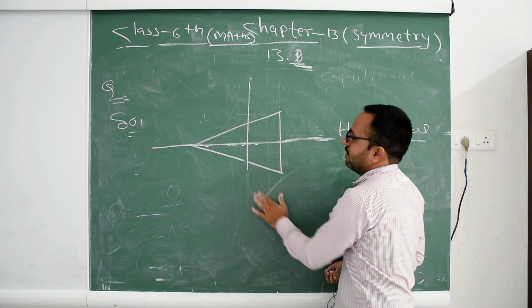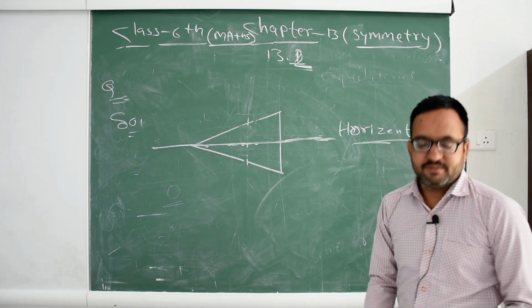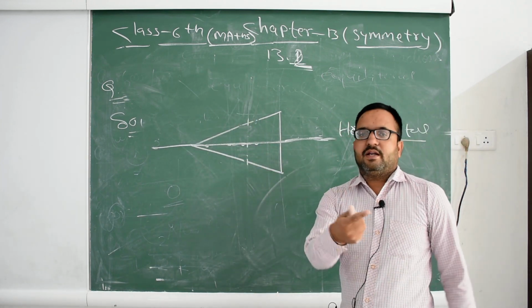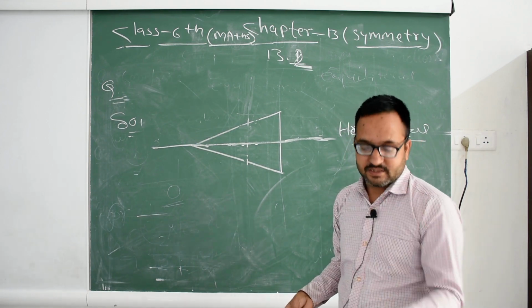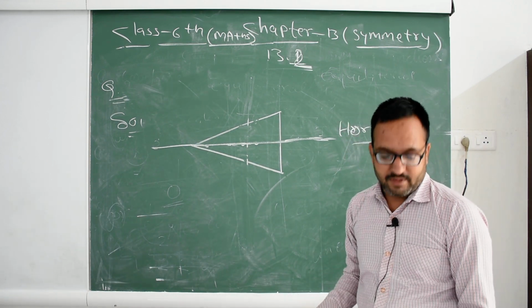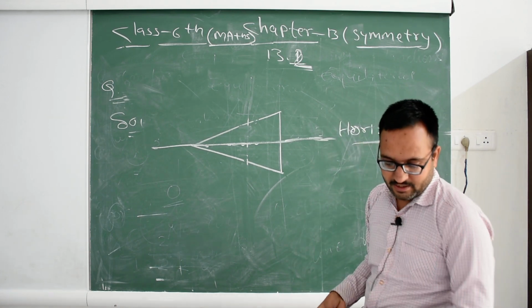So we only draw the horizontal line of symmetry. Try to justify your figures. And the remaining question is for your homework: a quadrilateral with both horizontal and vertical lines.